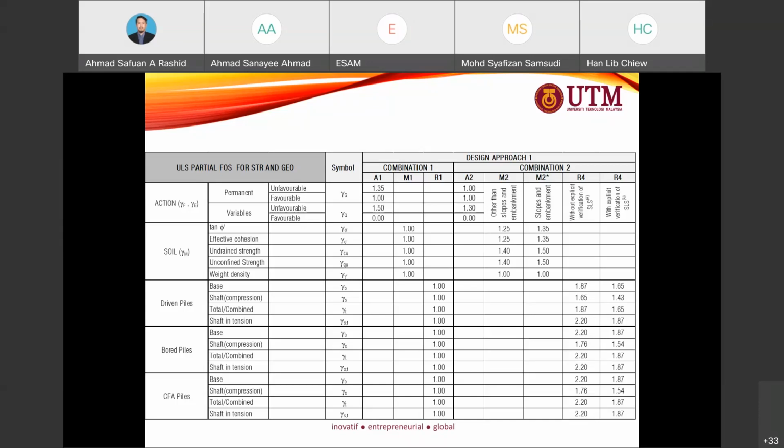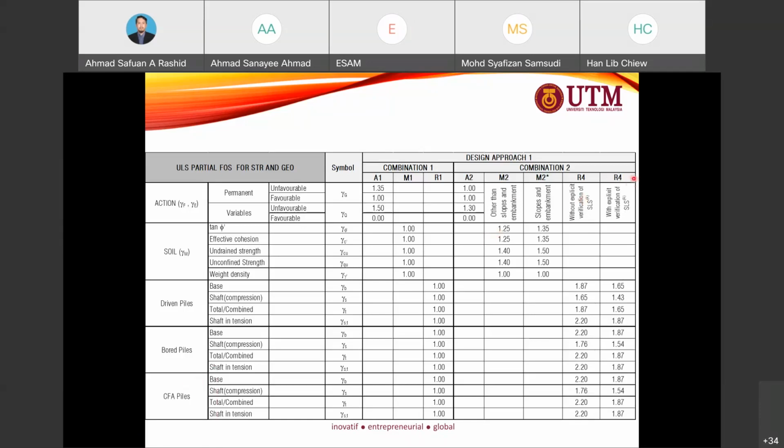So then they drill the CFA pile inside the soil. And there will be a difference in terms of the R4 value. So for the R4 value, if we consider the serviceability limit state calculation, then we use the R4 on this column.